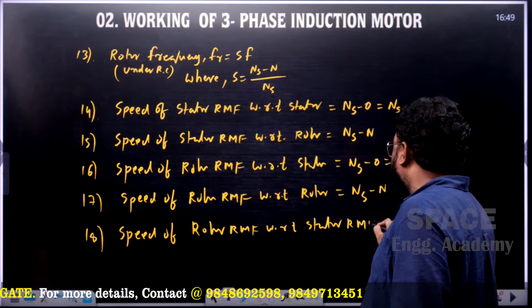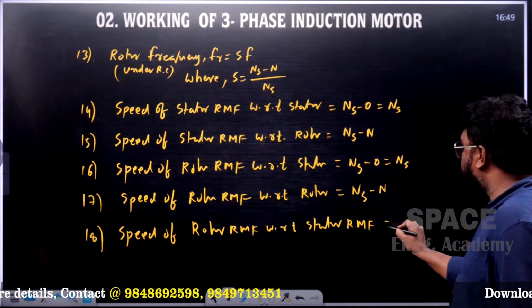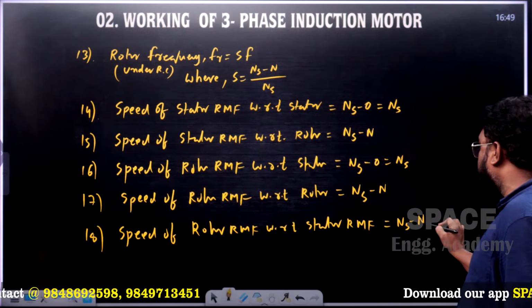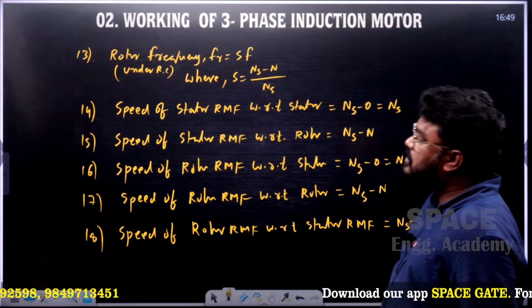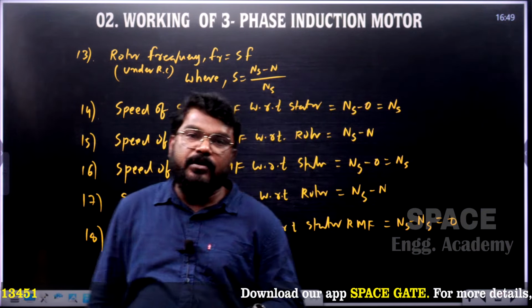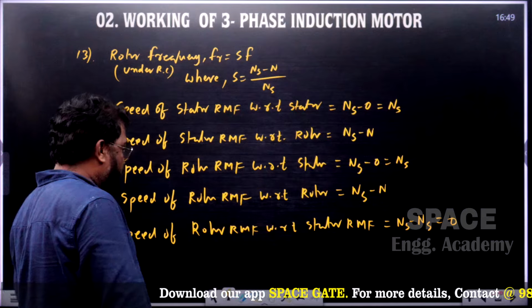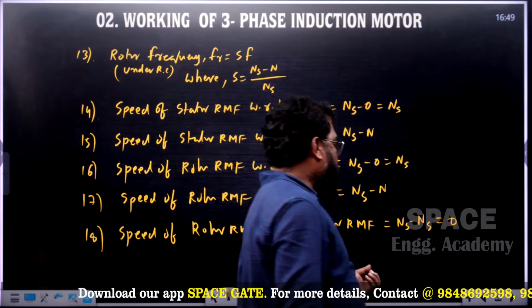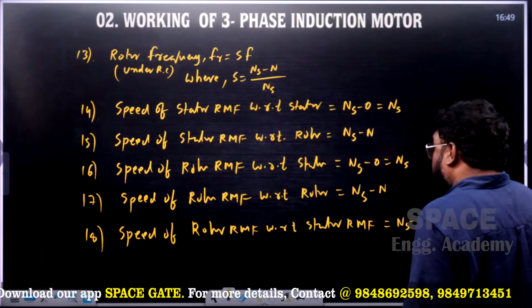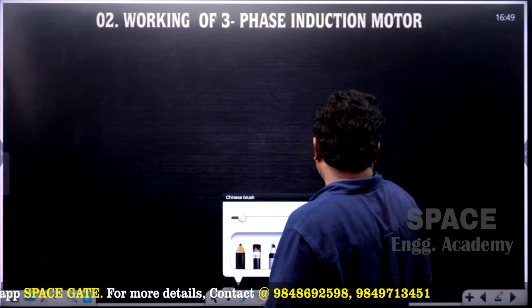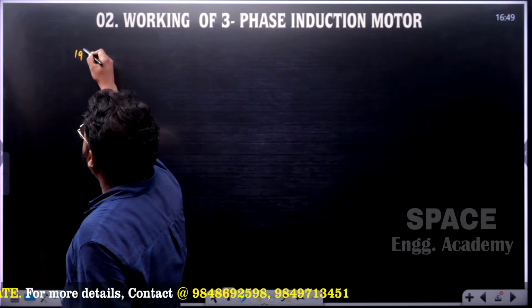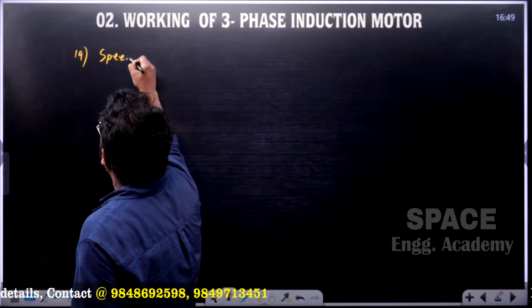Both fields rotate at the synchronous speed, so the relative speed is ns minus ns, that is equal to 0.